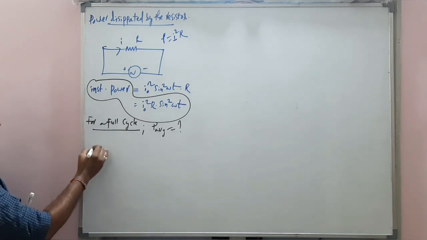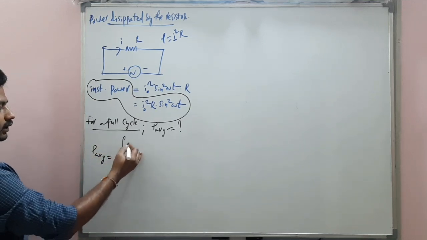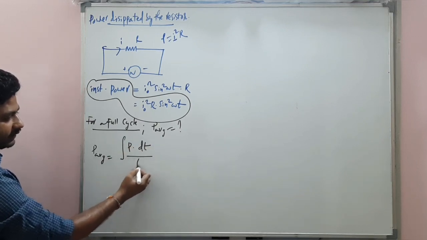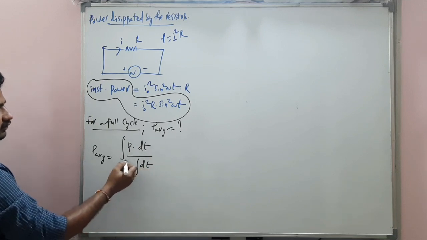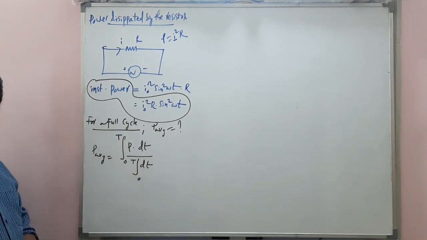We have the formula to find average power, which is equal to the integral of power as a function of time divided by the integral of dt. As it is for the full cycle, the limits are 0 to T and 0 to T. I hope you remember this.